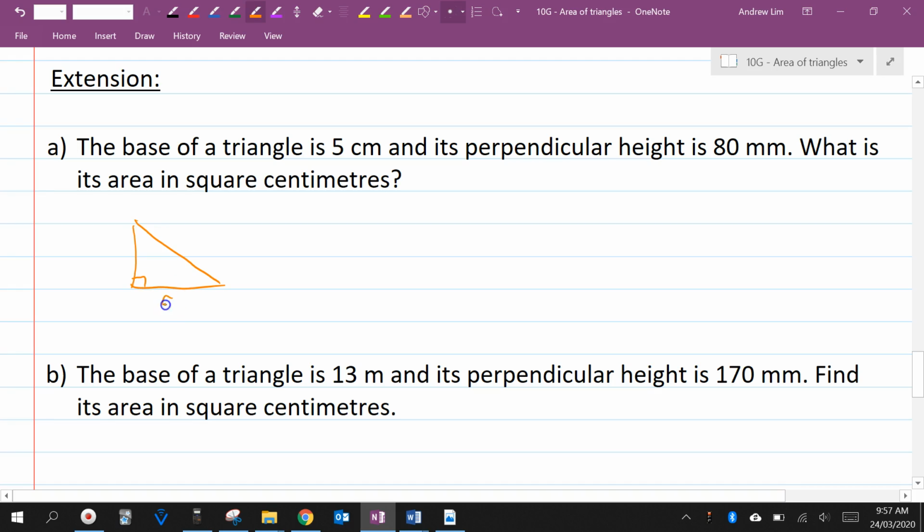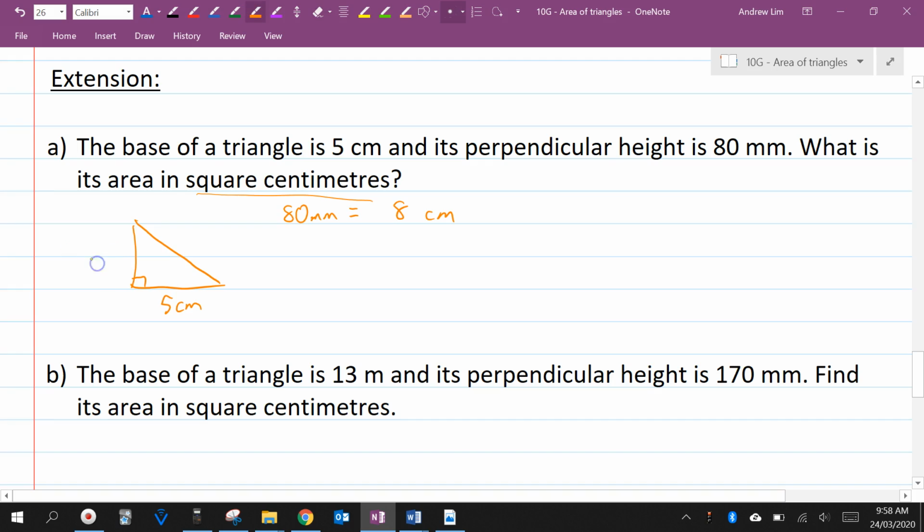So the base is 5 centimeters and the perpendicular height is 80 millimeters. It doesn't matter that it's not to scale. That should be fine. So we want the area in square centimeters, which means I need to convert this into centimeters. So 80 millimeters is equal to how many centimeters? It's equal to 8.